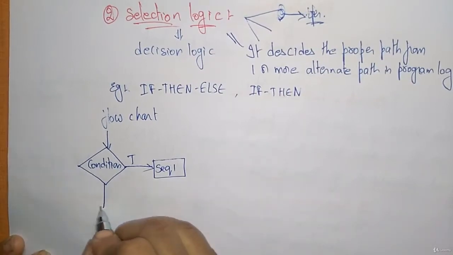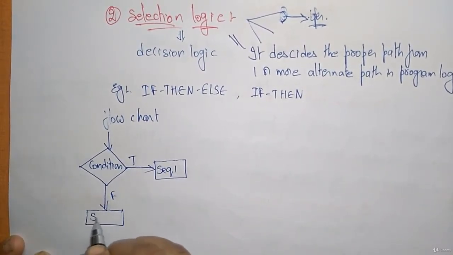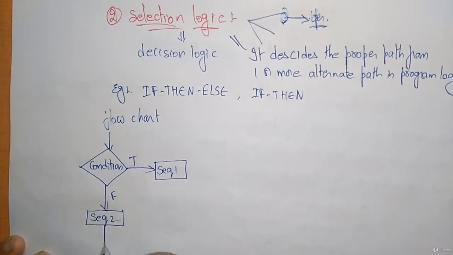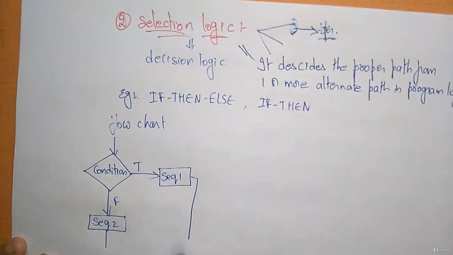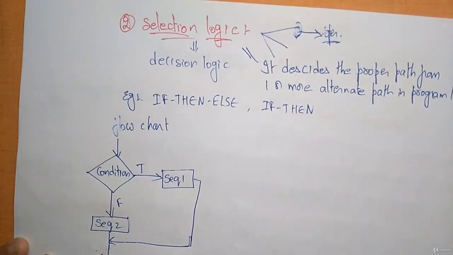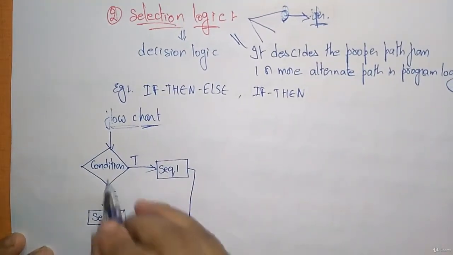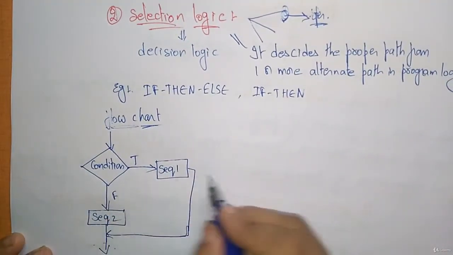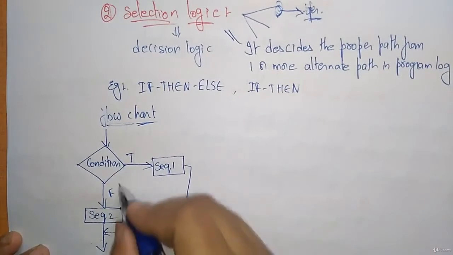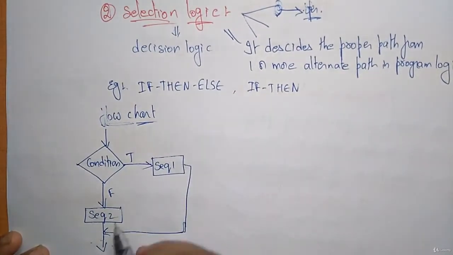If the condition is false, it goes to another sequence of statements, sequence 2. And then out. So this is the if then else. If the condition is true, proceed, else you have to check the other sequence. Either select sequence 1 or select sequence 2. This is a flowchart.